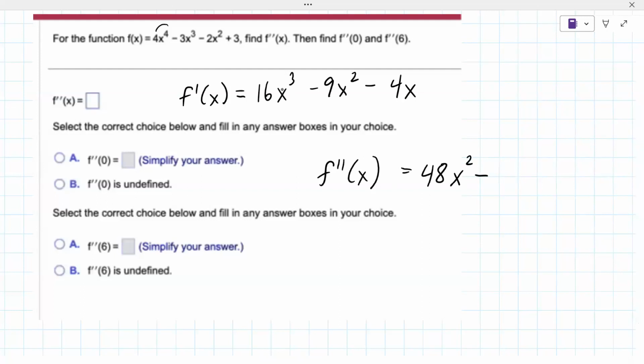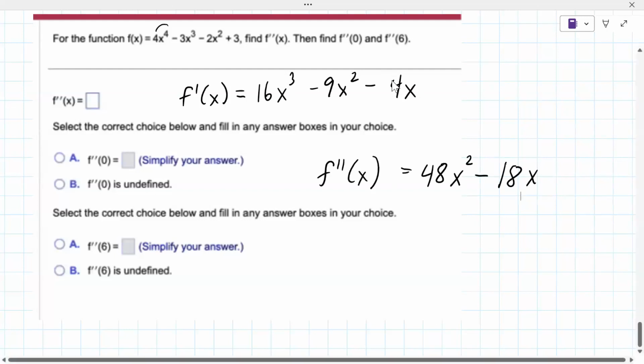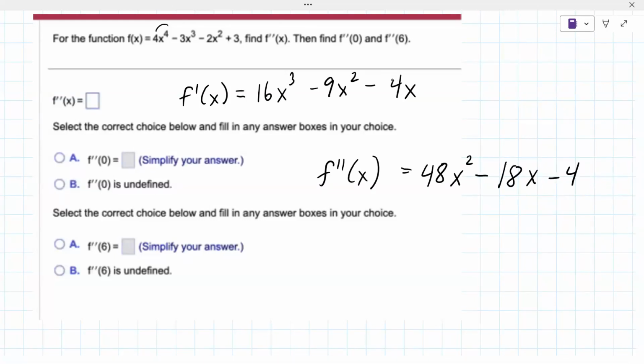And then 9 times 2, then 18x. When it's a number times x at the end, it just becomes the number. So just minus 4. So that's your first box. Very good job on that.